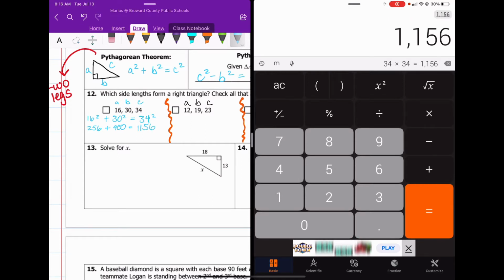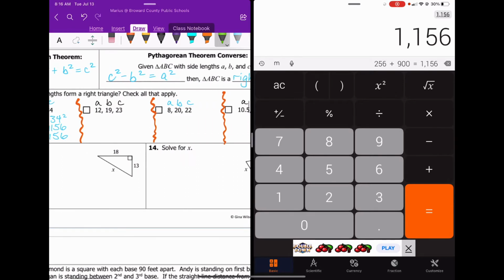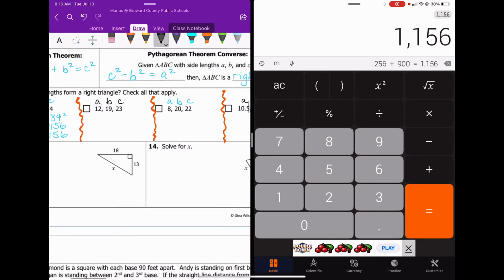All I need to do now is 256 plus 900, and that equals 1156. Because 1156 is equal to 1156, the first set of numbers makes a right triangle. Let's take a look at the next group.